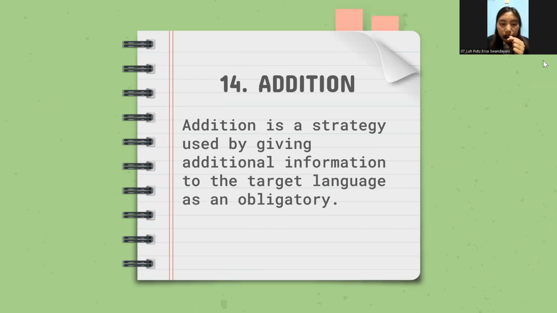This information is usually placed within the text, below the text as footnotes, or at the end of the text as endnotes. The added words only complement the meaning, not change the meaning of a sentence. Next slide, please.